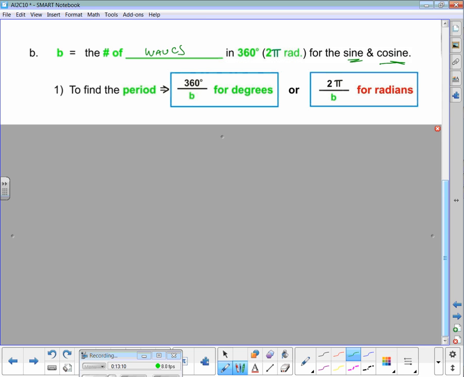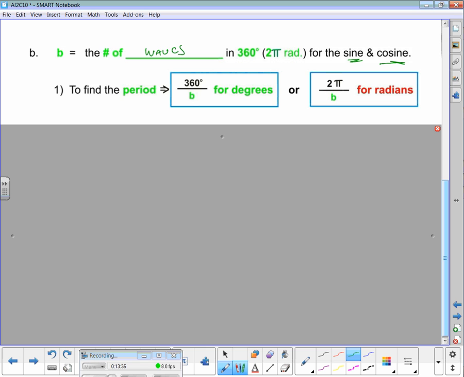The tangent isn't continuous. And I started off showing her the sine was continuous. Sine's continuous, cosine's continuous. They have a normal 360 for a period, number of waves. The tangent is different. So the B represents the number of waves in 360 degrees for a sine or a cosine. All right, we'll get to that in a minute.